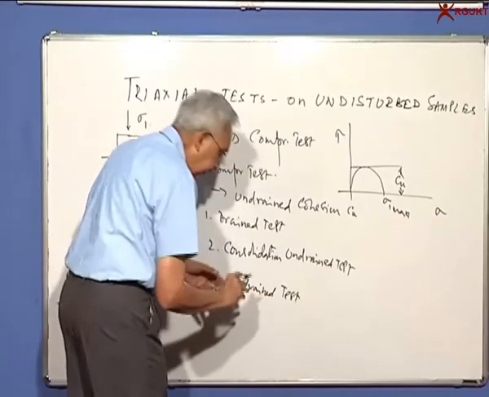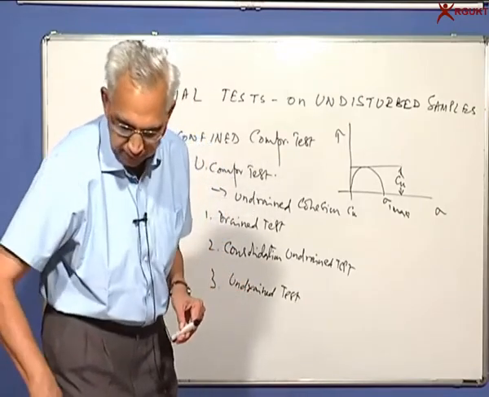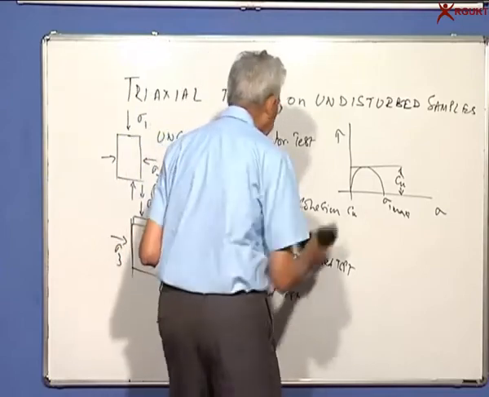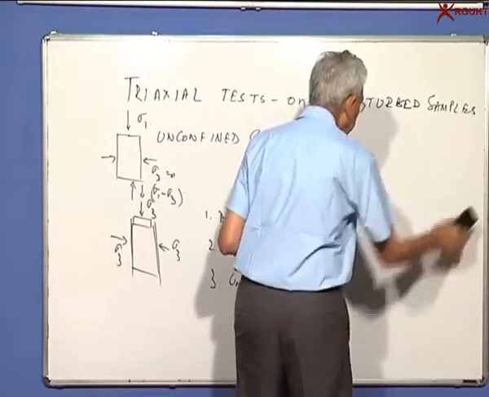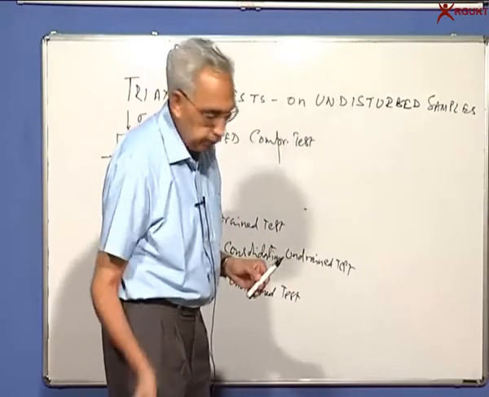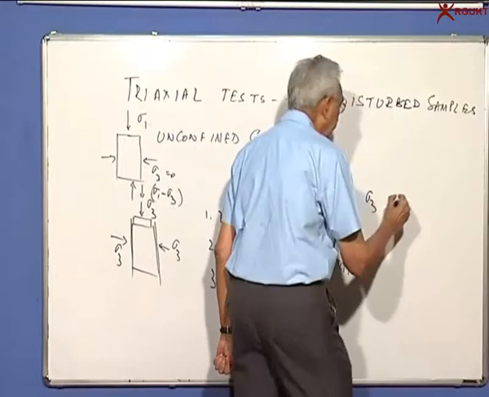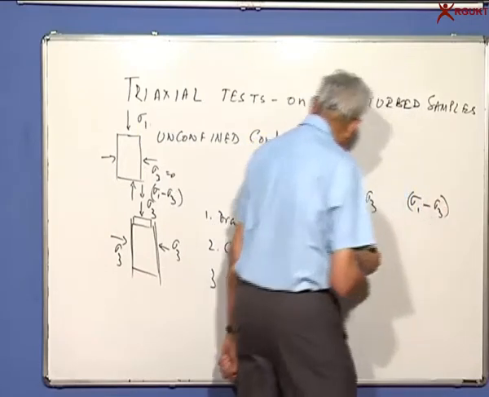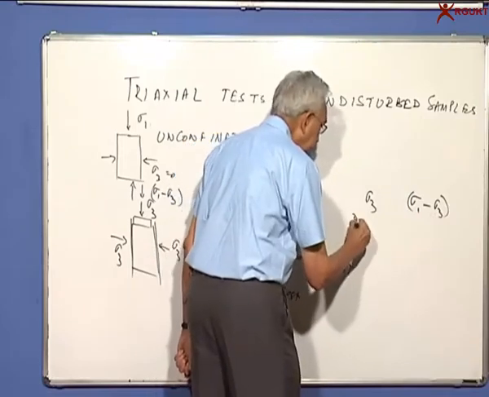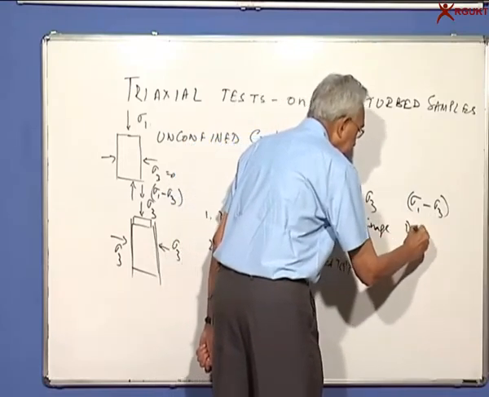To distinguish between the three, I would like you to look at the drainage conditions in the three cases. We have in all triaxial tests two-stage loading. First we apply sigma 3 and then we apply the deviatoric stress sigma 1 minus sigma 3. In the drained test, you allow drainage in both cases.